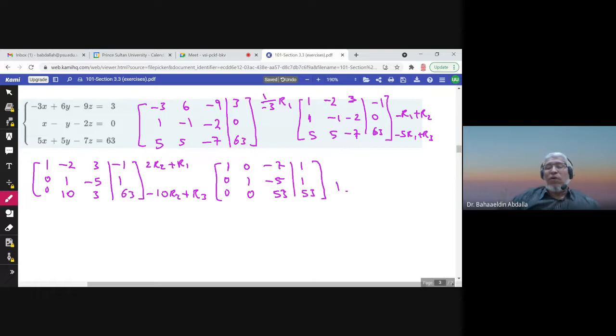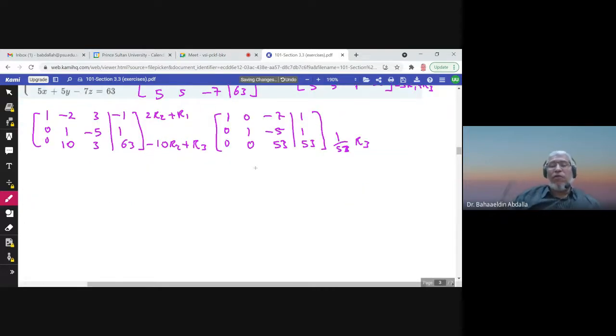Now I have to divide by 53. 53 tells me that everything is fine. Now negative 5 and negative 7 has to be 1, using this one.